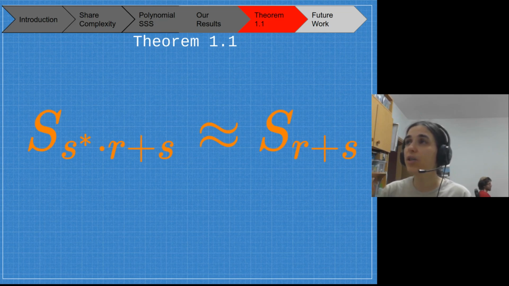And I'll only mention that the upper bound on the randomness for degree 2 uses quite different techniques and heavily relies on the algebraic structure of degree 2 polynomials, and you're welcome to read the paper to see how it works. Okay, but let's start with this proof, which is really surprisingly simple.